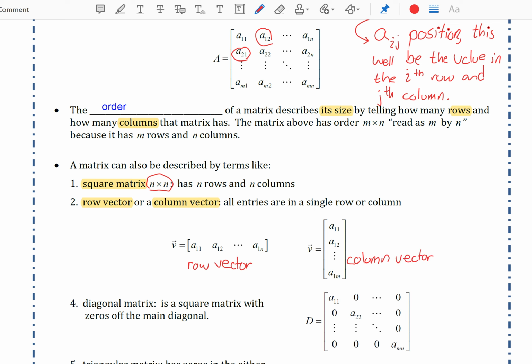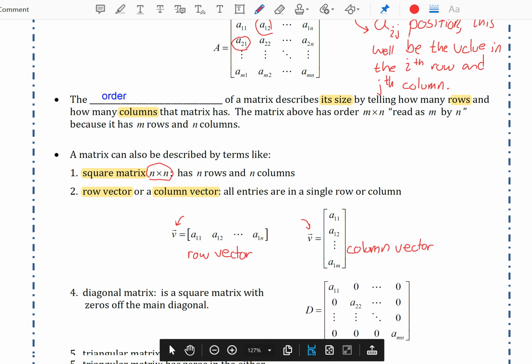Notice that when I talk about a row or column vector, we will sometimes put this arrow above the vector's name to signify that we're talking about a row or column vector specifically. Our textbook also uses lowercase letters for vectors and uppercase letters for matrices.